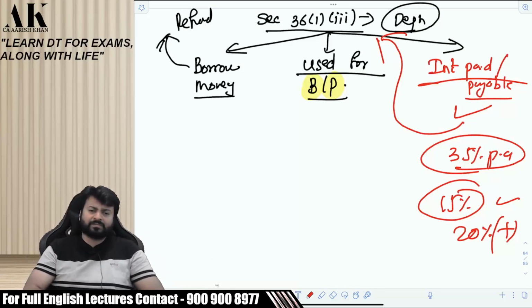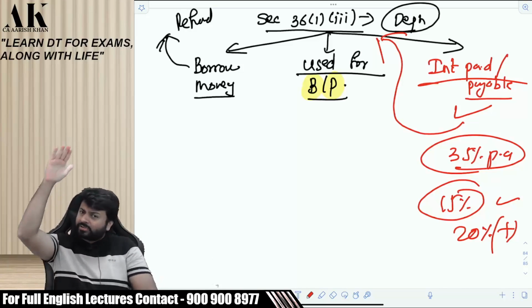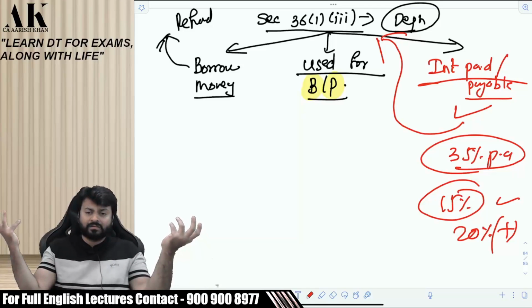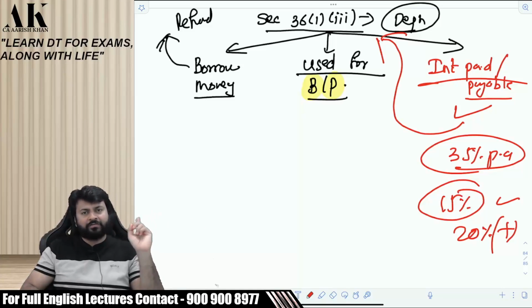Let me know now, please. There might be a situation that my credit rating has gone much below the standard. Nobody is giving me loan. There is one bank which is giving me loan at 35%. I have to take that. Are you able to understand? Therefore, do not interfere in the rate of interest. Tell the assessing officer very clearly.